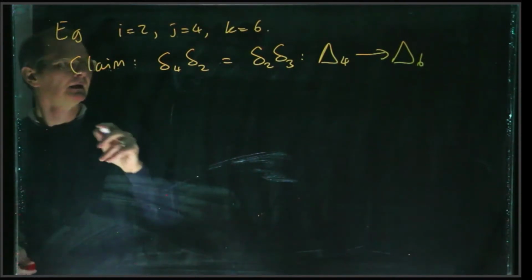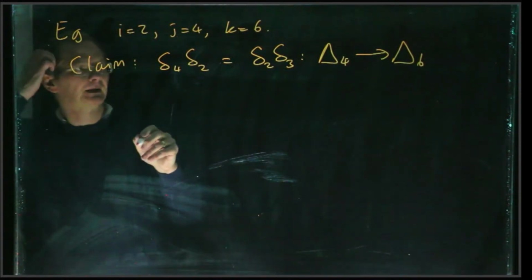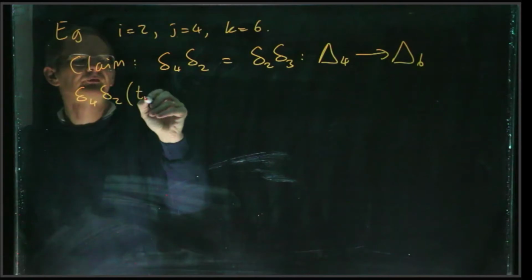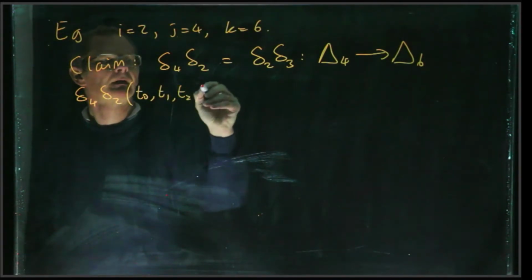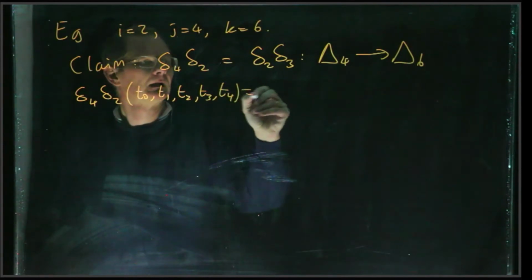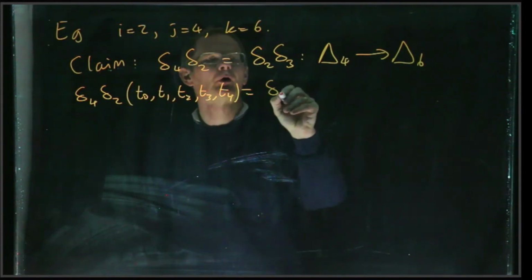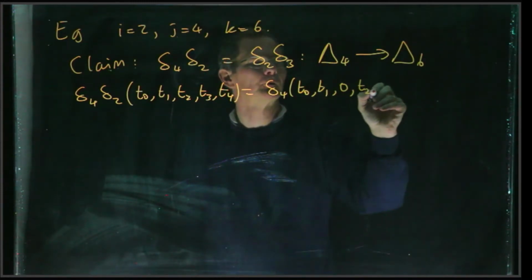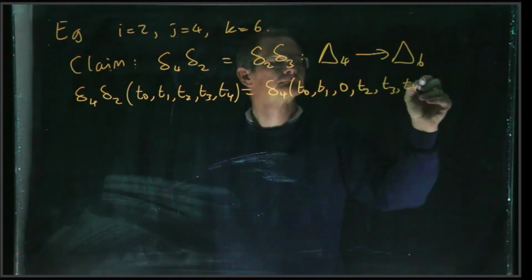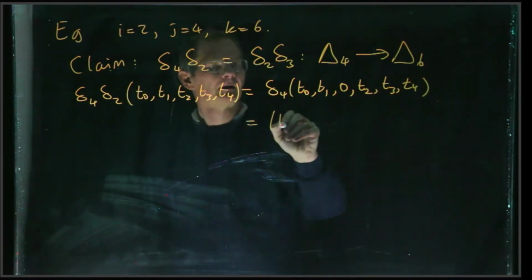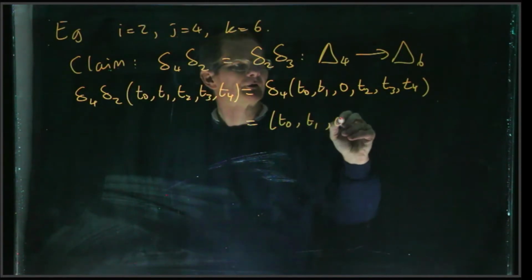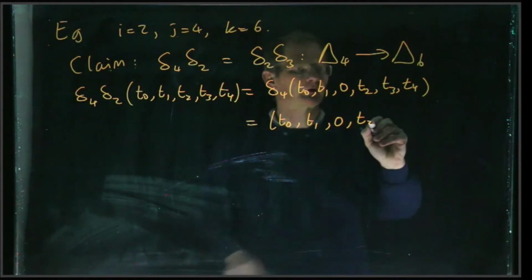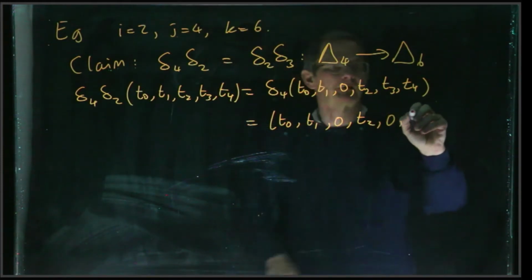So again, delta 4 delta 2 of t0, t1, t2, t3, t4 is the same as delta 4 of t0, t1, then we put in the 0, t2, t3, t4, which is t0, t1, 0, t2, right? So these are position 0, 1, 2, 3. Then we're supposed to insert a 0 in position 4, and then we have the t3, t4.